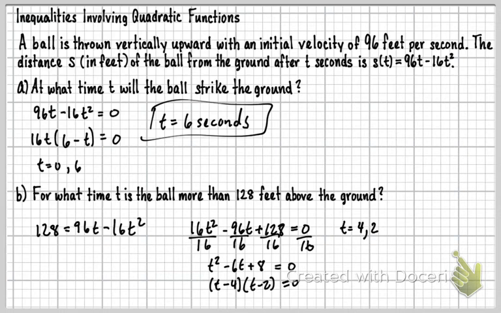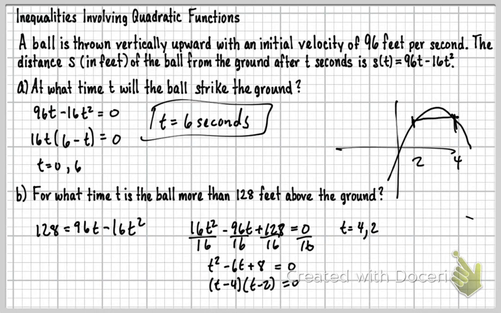So for what time is the ball more than 128 feet? Think about this. If I'm looking at this parabola here, and I know it equals 128 at 4 and 2, so this is what I have going on. At 2 it's equal, and let's call this 4 over here, it's equal, excuse me.